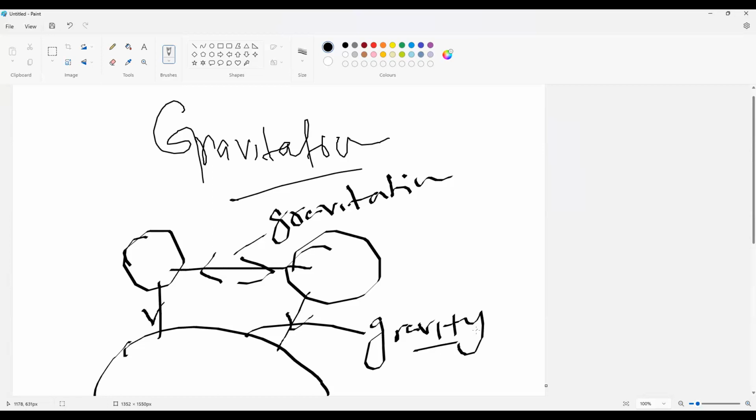For example, if you are standing near an elephant, there is a force between you and the elephant. Since the mass of the elephant is more than yours, you are not feeling the sensitivity of that force between you and the elephant, so it has not been seen.